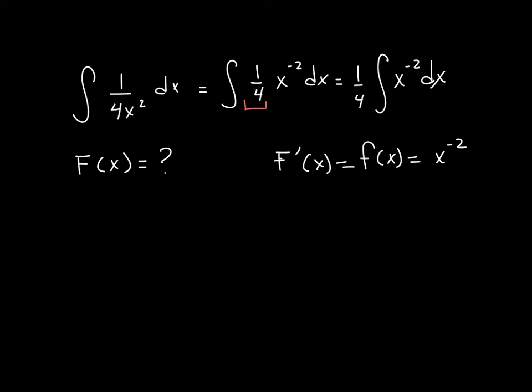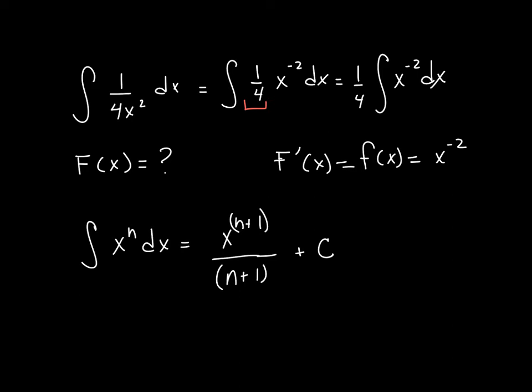Anytime I have the integral of x to the n, that's going to be x to the n plus 1 over n plus 1. The n plus 1 up here is the exponent, and the n plus 1 down there is a number in the denominator, plus my constant.